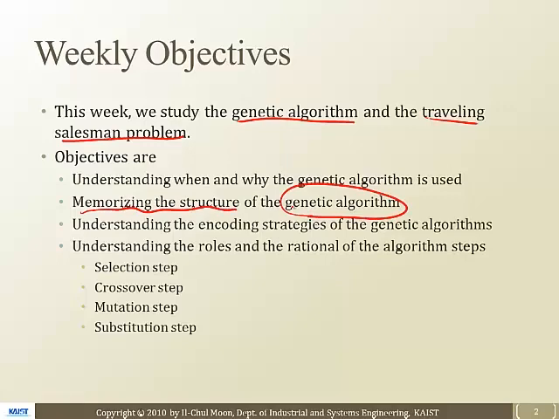So previously we have talked about the selection sort and the merge sort, right? And dynamic programming and recursion, and these all have some unique structures. For example, in recursion, we define a function, and we have the same function inside of this function, right?